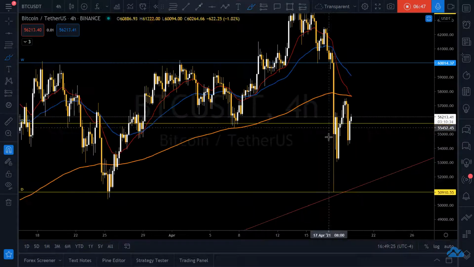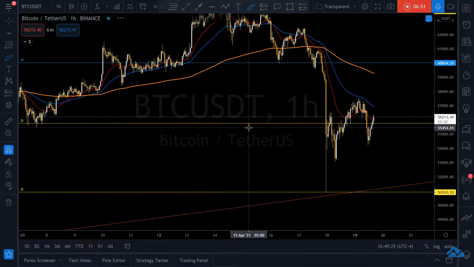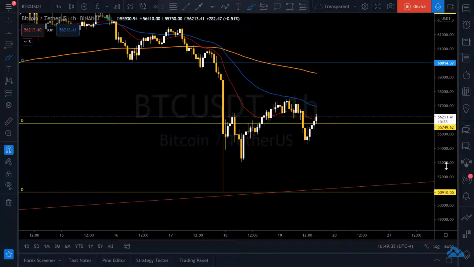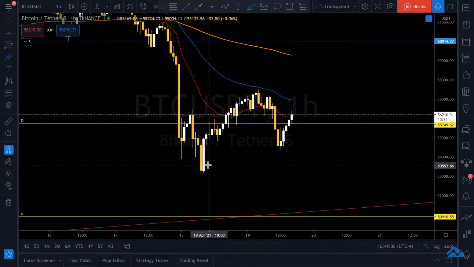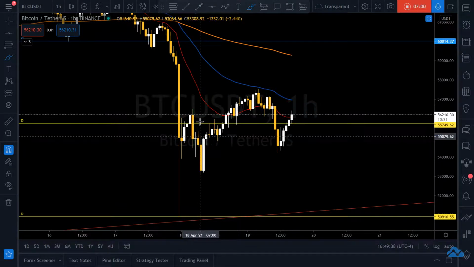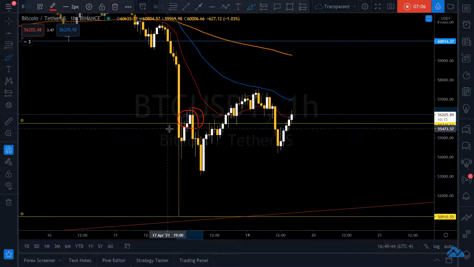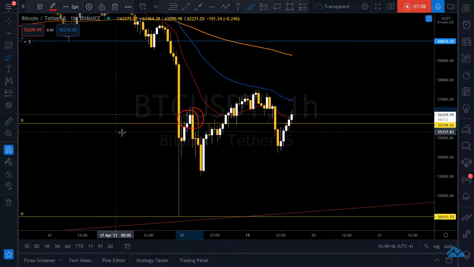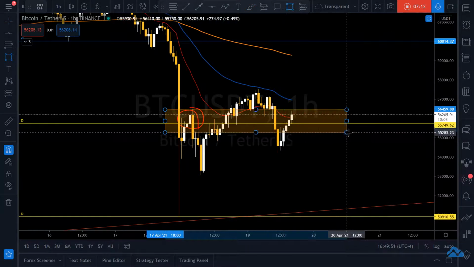Some things going on over here. We can see it clearer on the 1 hour. You can see how price played around here, testing the zone. Because we have a line of resistance and support, but it's really not a line; it's a zone. That zone is about this big.